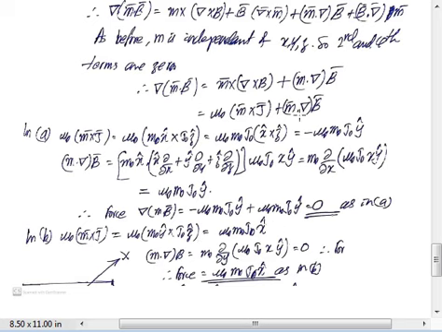Now the second term m dot del B will be equal to m0 y cap dot y cap dou by dou y, so we get m0 dou by dou y of this term. There is no y dependence, so it will be equal to 0. Therefore force is mu0 m0 j0 x cap, as we have already obtained in case B.